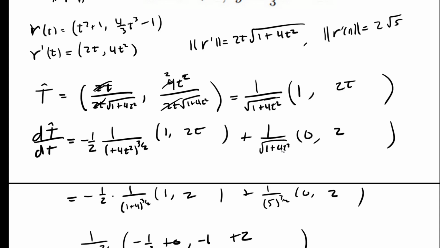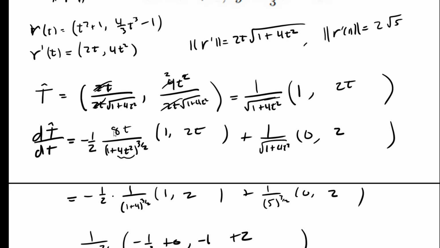There it is. I forgot to use the chain rule. So here I should have multiplied this by, let's see, wait, so I did this, yeah, so the derivative of this term should also be multiplied by 8t, right?